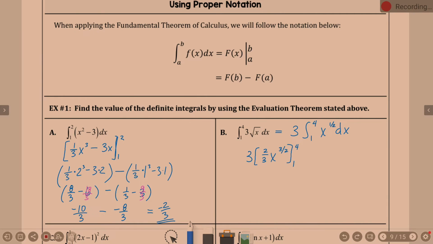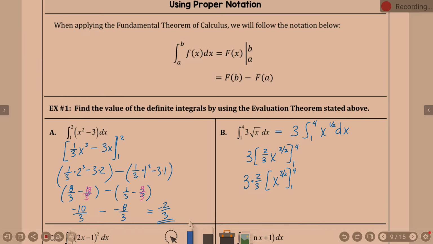Now, if you want, that 2/3 is a coefficient as well. You could also pull that 2/3 out front if you wanted to. I'll be honest, I didn't think about it until I got down to the end. You can also work with the 2/3 as you go. It makes it a little bit messier. But if you want, you could think of this as 3 times the 2/3 out front, and then you're just evaluating x to the 3/2 from 1 to 4. That is equivalent.